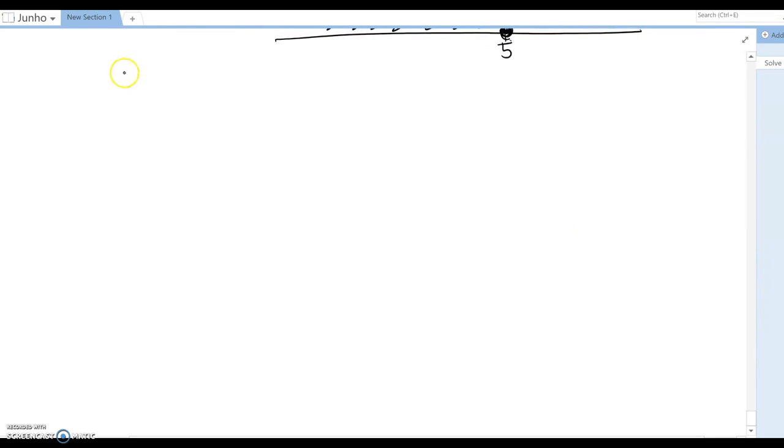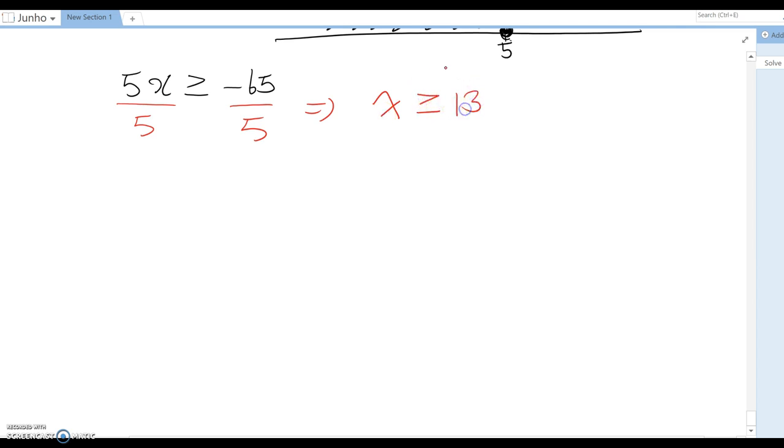One question is 5x is bigger than or equal to negative 65. So our goal is to isolate only x, not 5x. Therefore in this case, you need to eliminate the 5, so divide by 5, then x is bigger than or equal to 13.